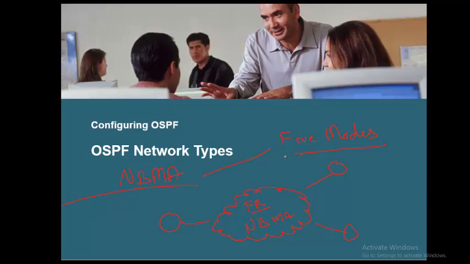Even though in an Ethernet environment it is broadcast, because you said OSPF mode as non-broadcast, it will assume a non-broadcast environment, and it will behave as it behaves in a non-broadcast environment. That's why we are learning this.